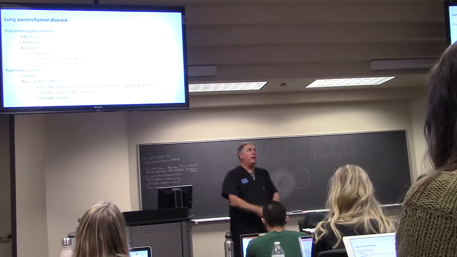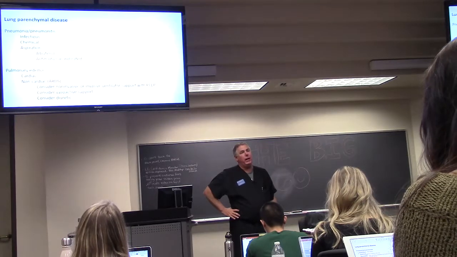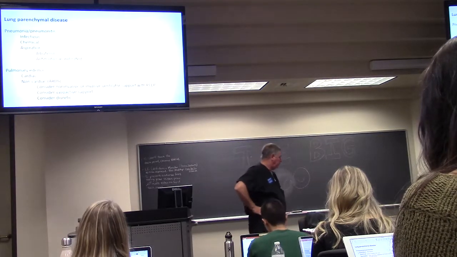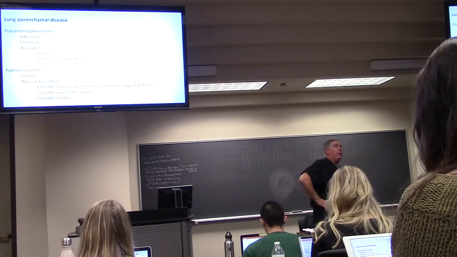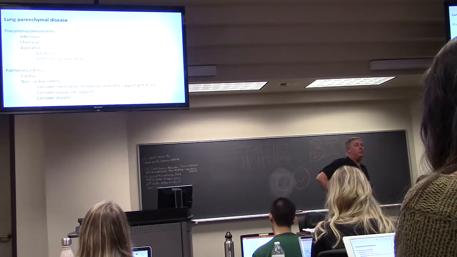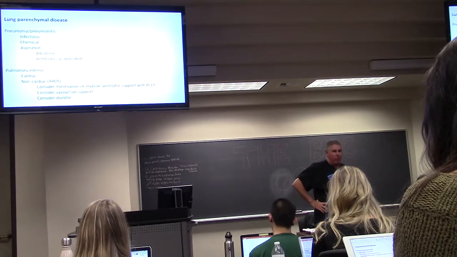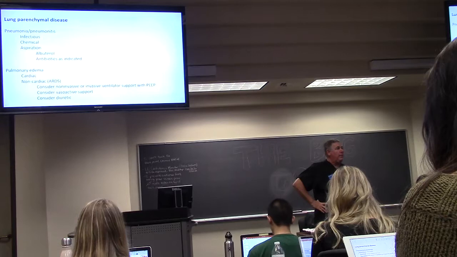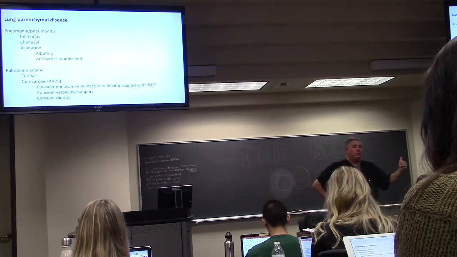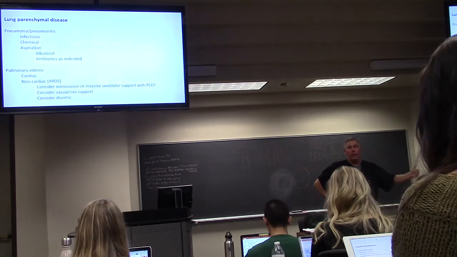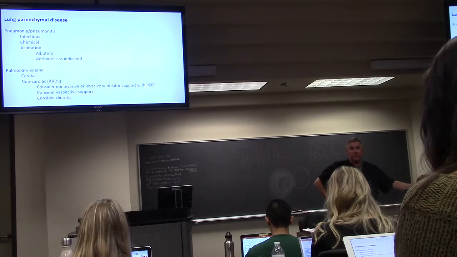Pulmonary edema also is an issue related to lung parenchyma disease. You've got cardiac causes of pulmonary edema like congestive heart failure, or sometimes in pediatrics, some congenital heart defects.